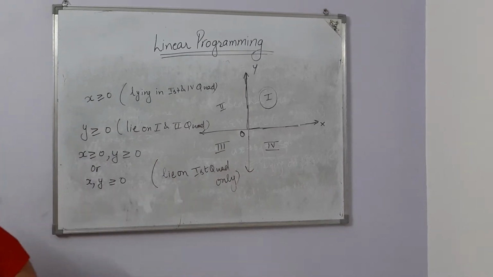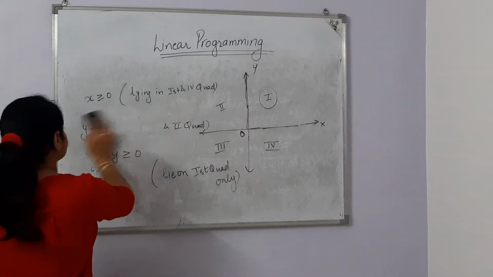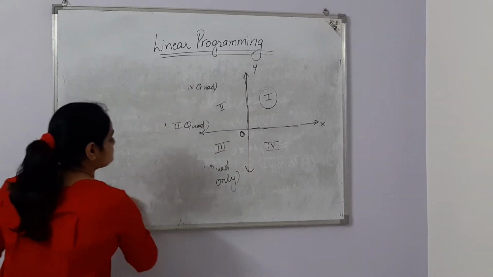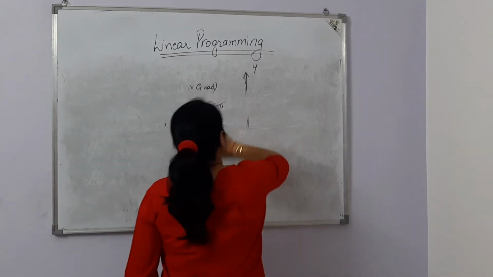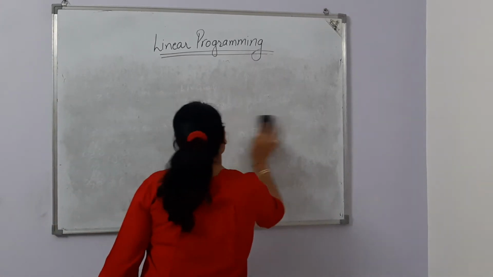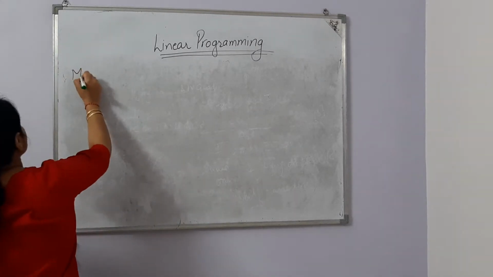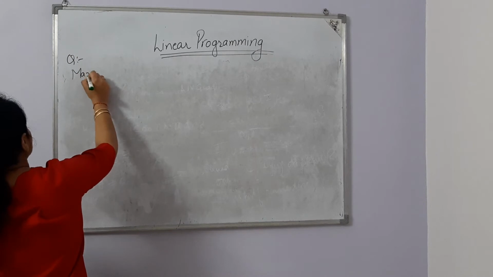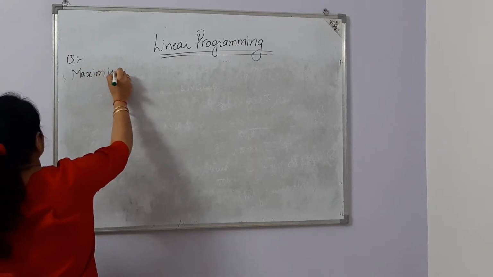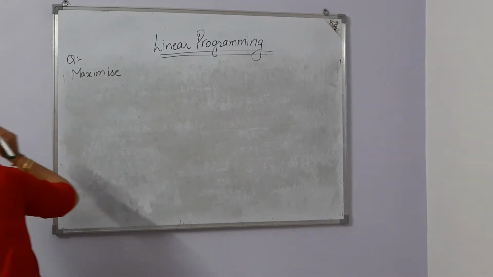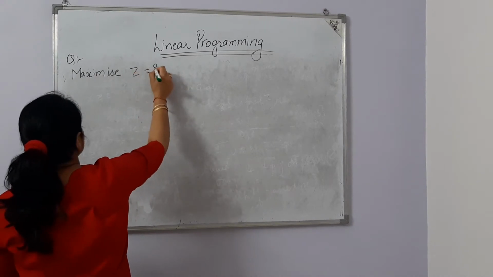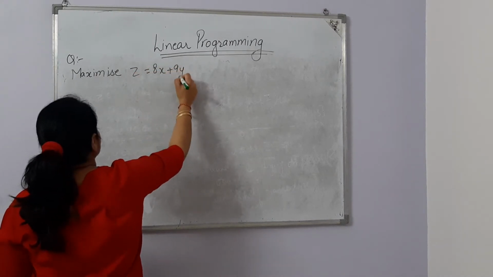Let's do one question. Maximize z equals 8x plus 9y.